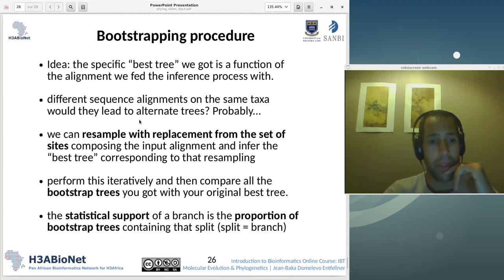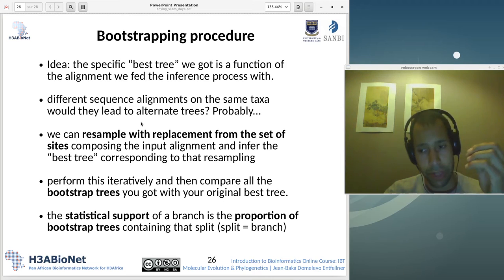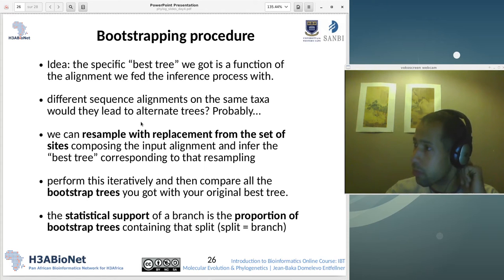Okay? So the idea of the bootstrapping procedure is to view the data that we have as only one of the subsets. The alignment we have is one subset of all the possible alignments that evolution would give on these taxa, okay?